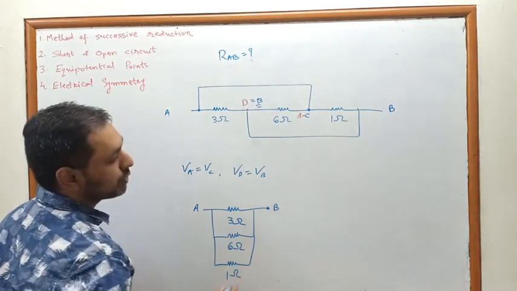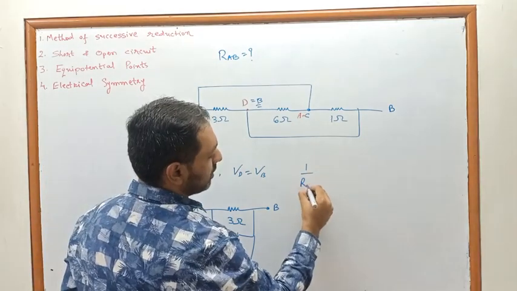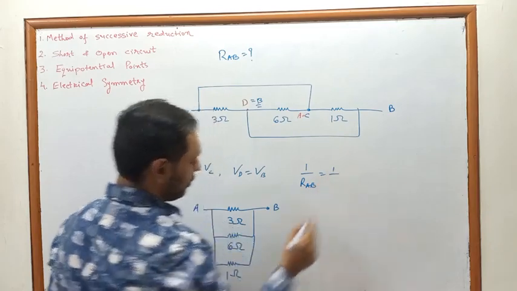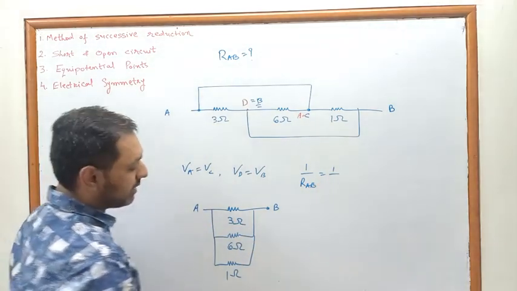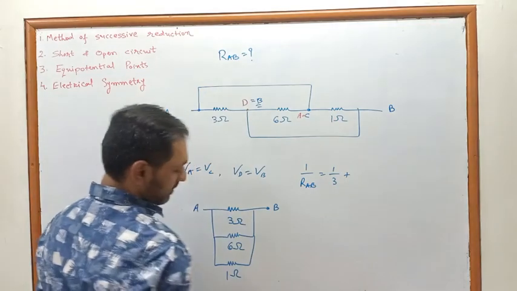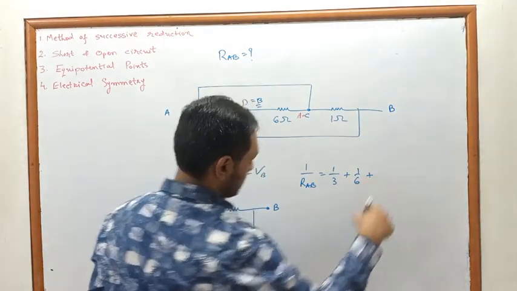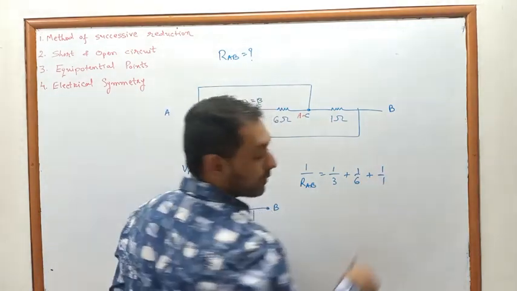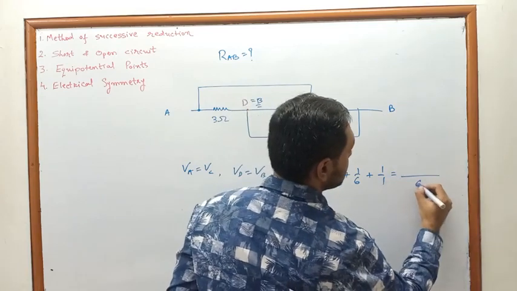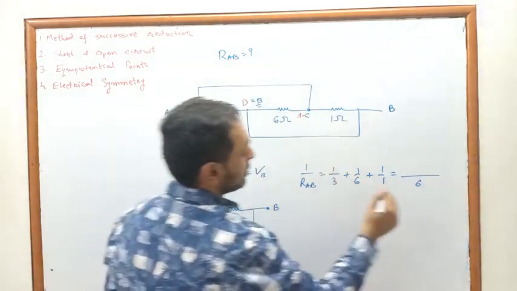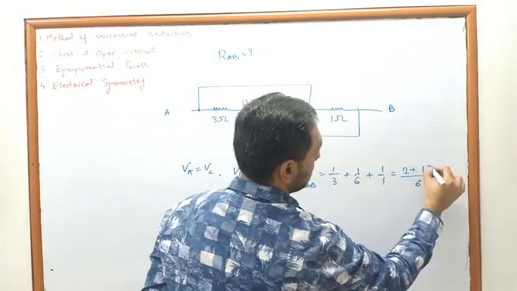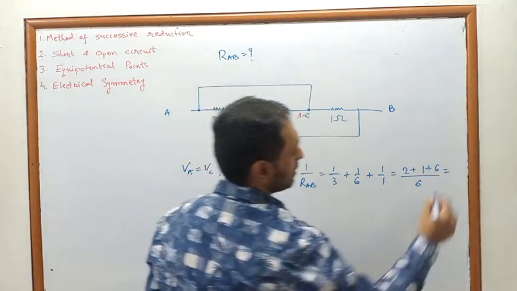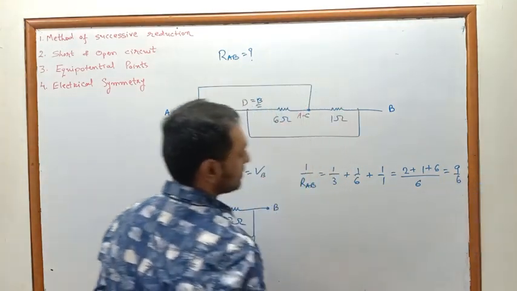1 ohm. So these three are in parallel: 1 upon RAB is equal to 1 upon 3 plus 1 upon 6 plus 1 upon 1. Take LCM as 6. So 2 plus 1 plus 6, 9 by 6.